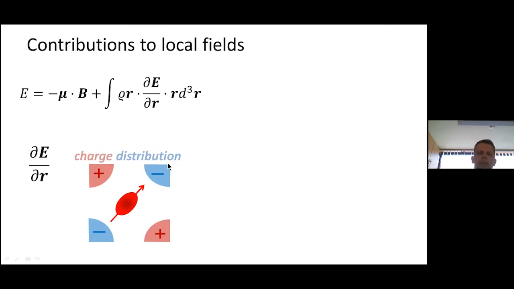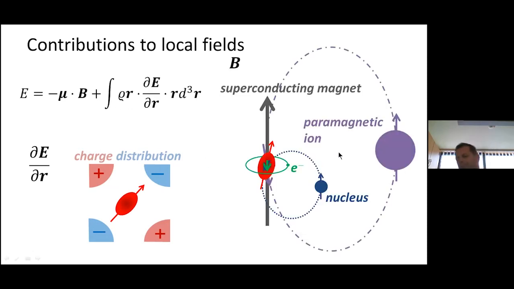The latter is determined by the distribution of charges around the nucleus, and the former, so magnetic field, can be determined by many different contributions. The main one and the largest one is of the superconducting magnet, which we are generating with our magnet, which is part of the spectrometer.